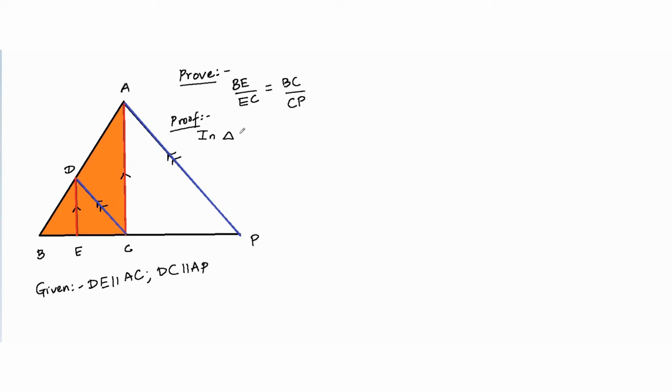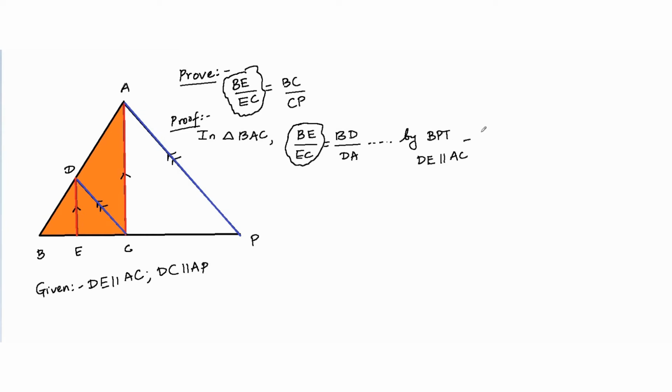In triangle BAC, I can say that BE upon EC is going to be equal to BD upon BA. Again, this is by basic proportionality theorem because I have DE parallel to AC. Now it's great that I have already got BE upon EC, right? So I think we are on the right track, and let us mark this as result 1.